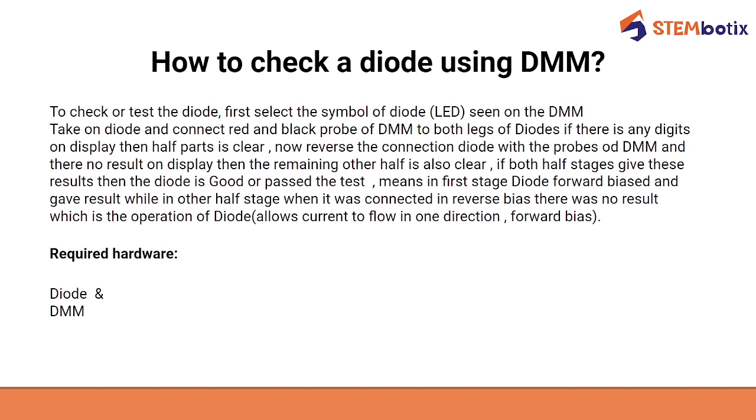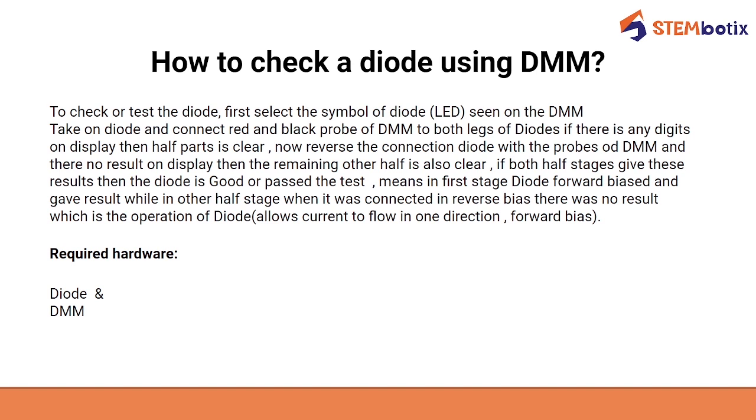Take one diode or LED. First connect the black probe of the digital multimeter to one end of the diode, and then connect the red probe, at the voltage or ampere port, to the other end of the diode. If there is any digit on the display, then half the test is clear.